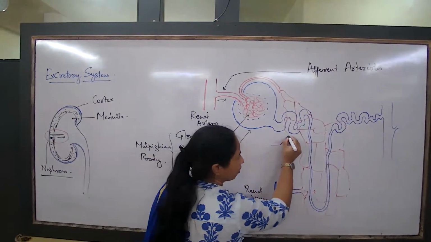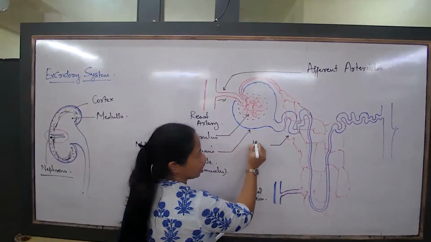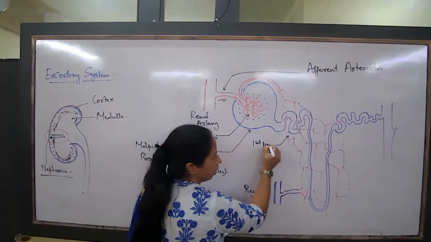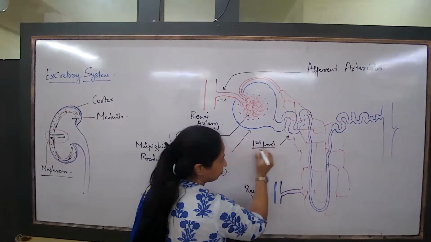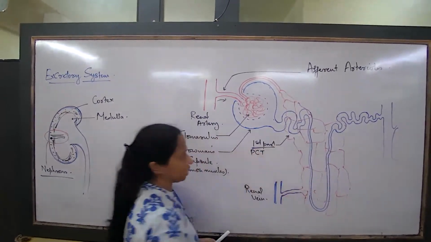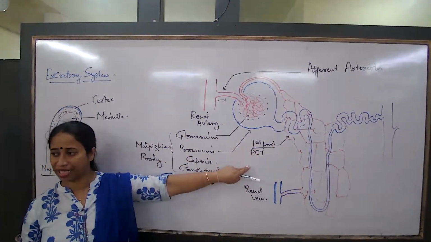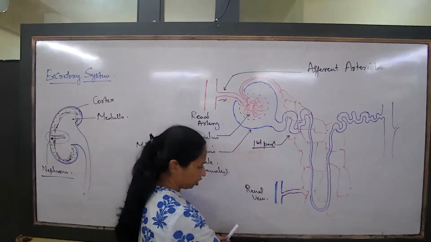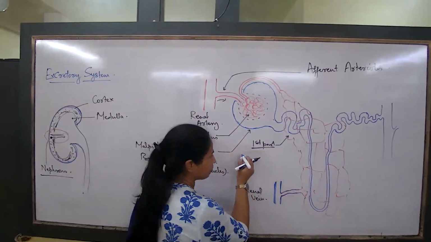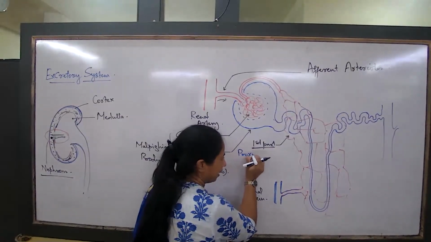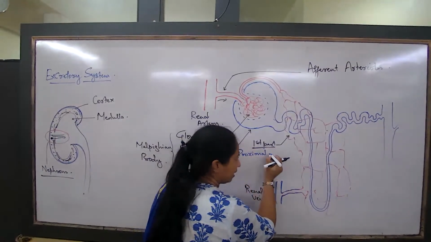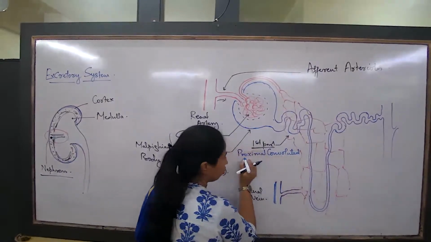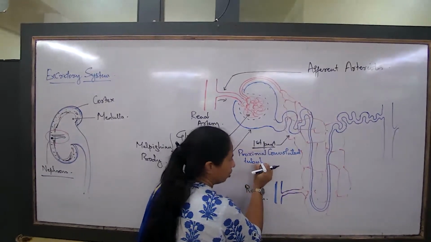The first part of the tubule is known as the PCT. Now I'll just give you the short form. As I said, this is optional for you, because these names are not in the book, but if you want to write, you can. So the first part is known as the proximal convoluted tubule.